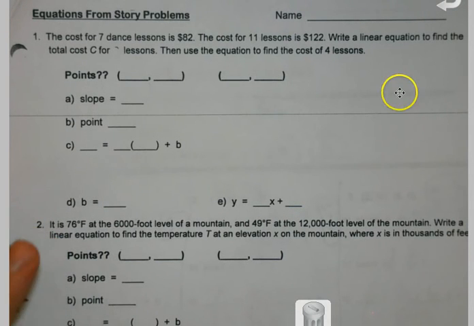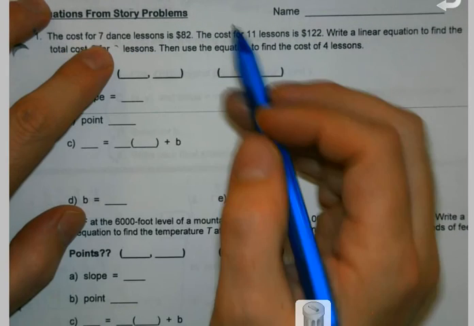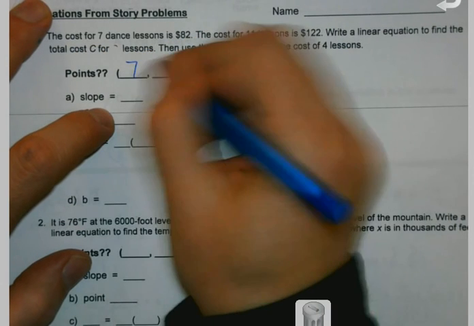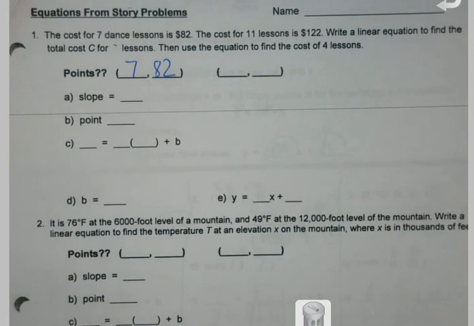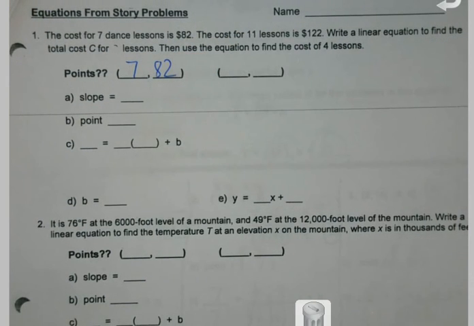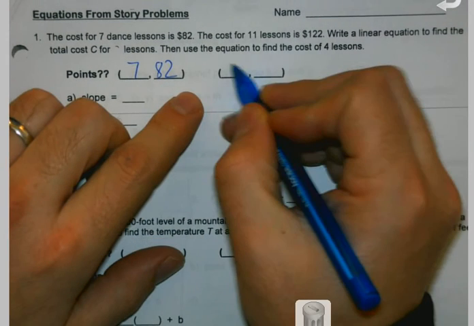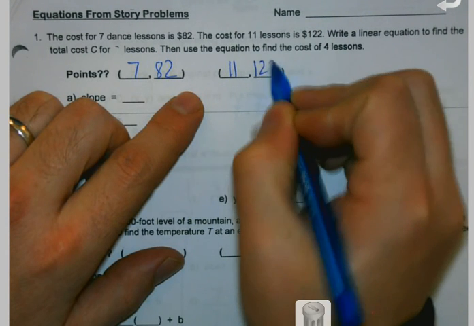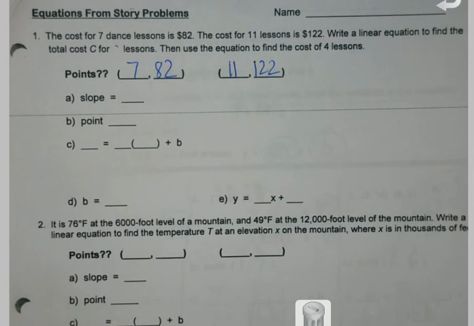So then here on the back, there's some story problems to do with this. Now, don't just say you're going to skip these. These aren't bad either. So what I've got here is, okay, the cost for 7 dance lessons is $82. I'm just putting the two numbers together. I'll even help you with the points on these. And then 11 lessons cost $122. You see where this is going?